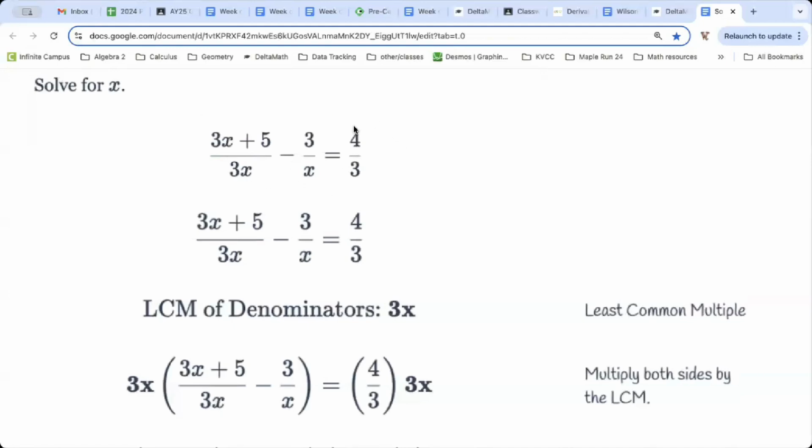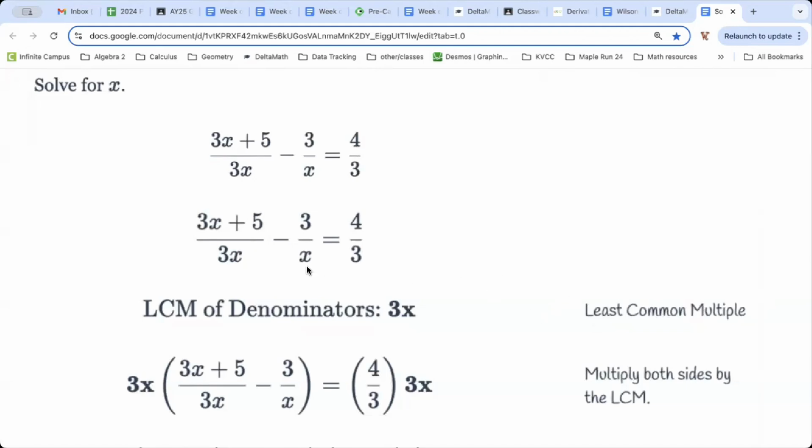So if you think back, if you multiply 3x here and 3x, they will cancel out. So what you need to do is find the least common multiplier.